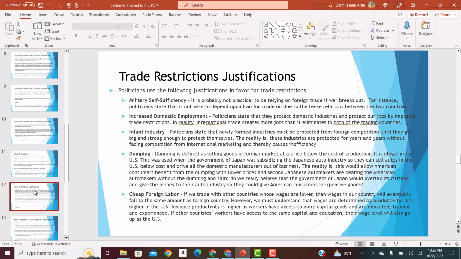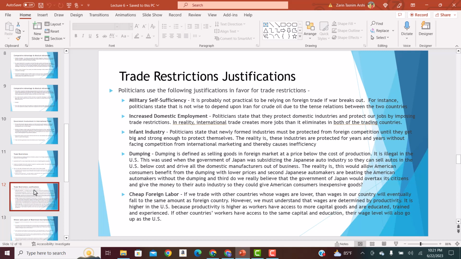The third is infant industry. That's another justification used by politicians. They say that they want to protect newly formed industries from foreign competition so that they can grow big and become established in the market. The reality is these industries are protected for years. They are not infant industries. They are protected for years and years without facing any competition, which also causes inefficiency in the market.